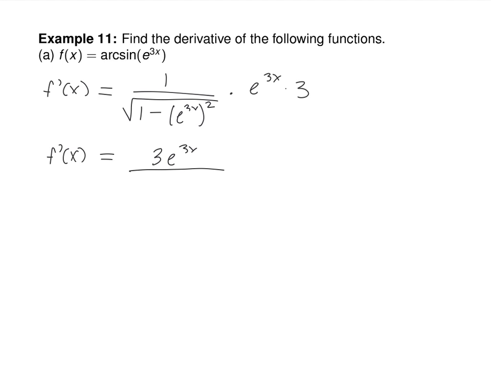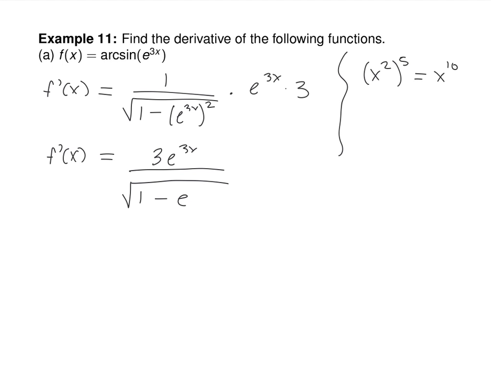Now, what happens to those exponents in the denominator? Don't answer yet, okay? If you had x squared to the 5th, think about it for a second and tell me what happens to the exponents. They multiply. When do exponents add?